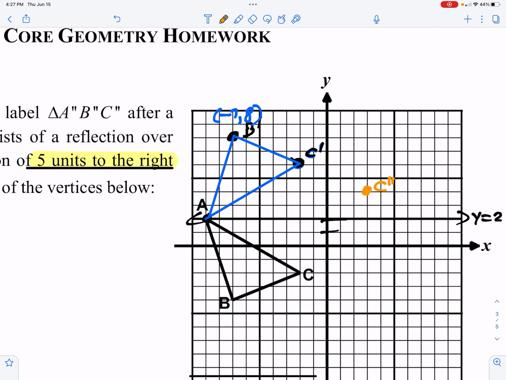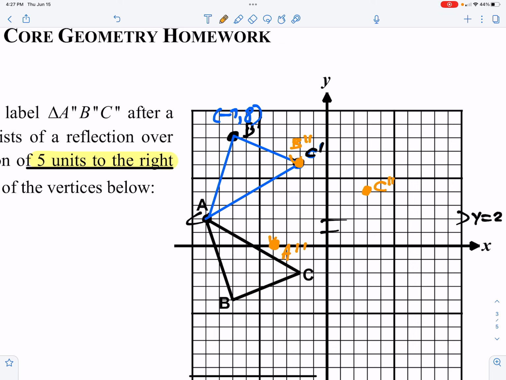Then I'm going to take this point and go 1, 2, 3, 4, 5, and 2 units down. There's my B double prime right there, right where C prime is. And then A is just going to be moving 1, 2, 3, 4, 5, and 2 units down, just like that. There's A double prime.